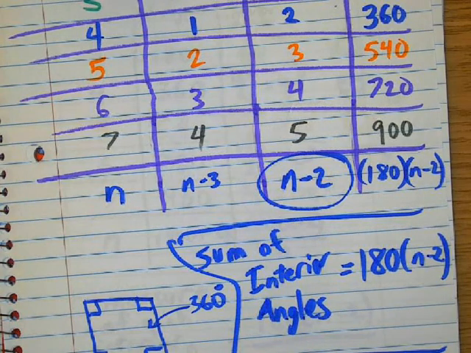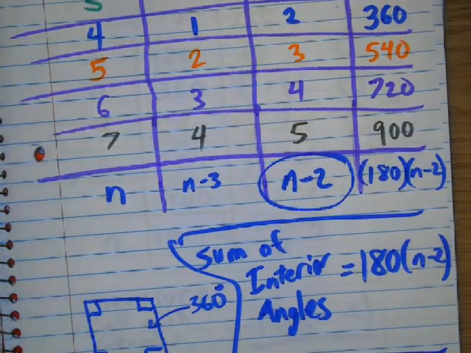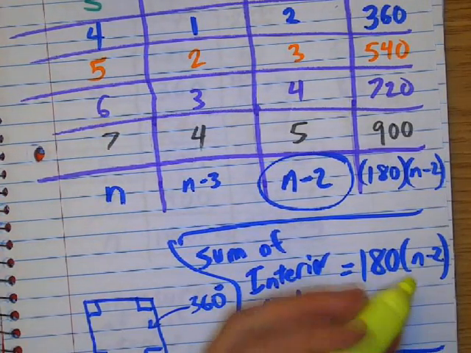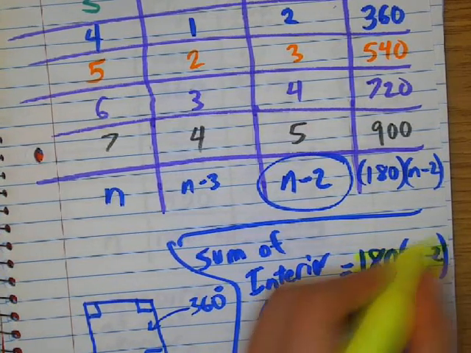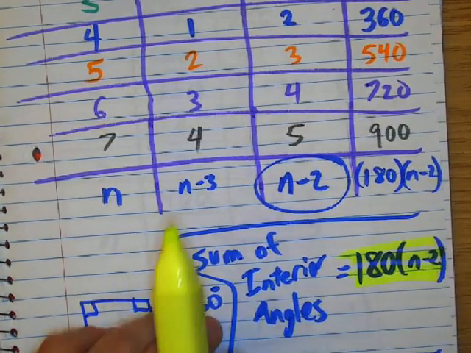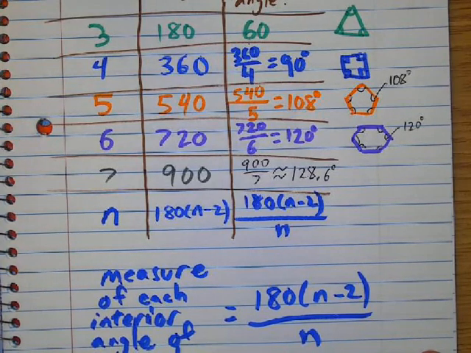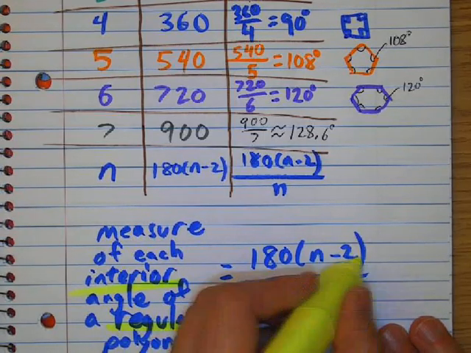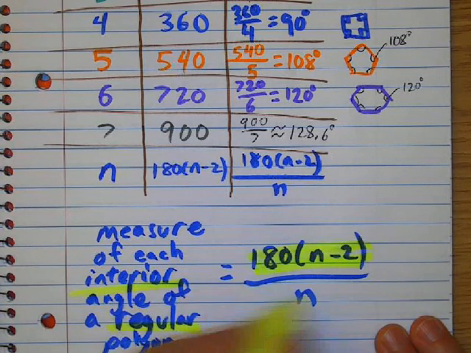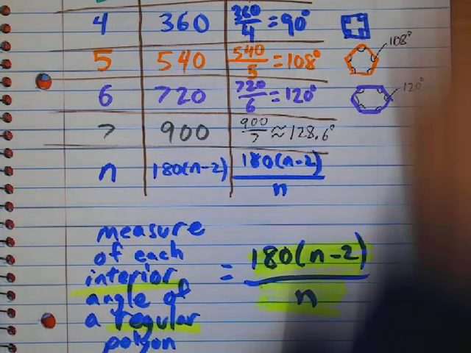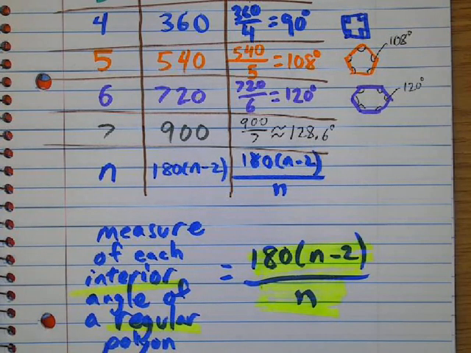These are the two formulas you're going to be using in the assignment. That one, and if you want to find the measure of a single angle in the interior of a regular polygon, you'll use this formula here. You may want to watch these notes a few times if you need extra help.